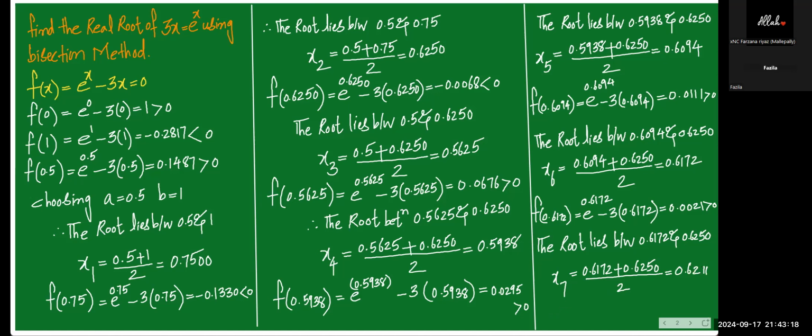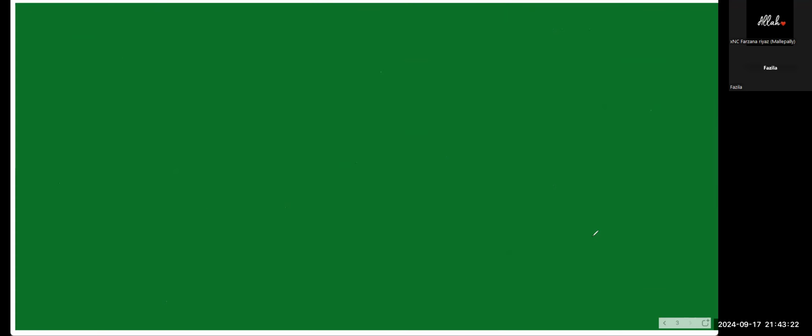Again put this in our function: 0.6211 minus 3 times 0.6211. Then what's the answer?